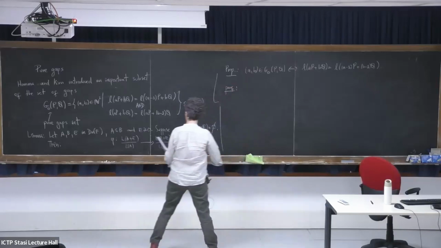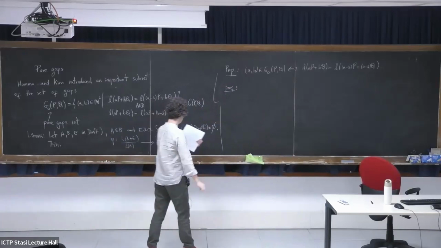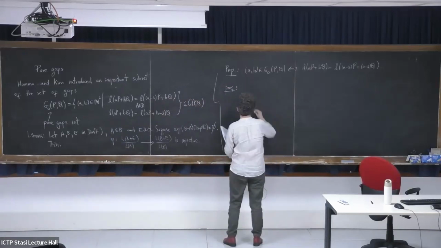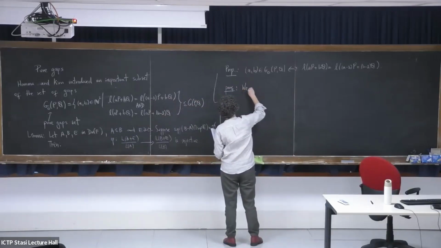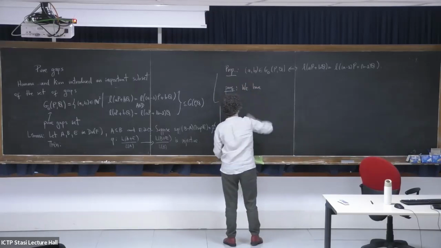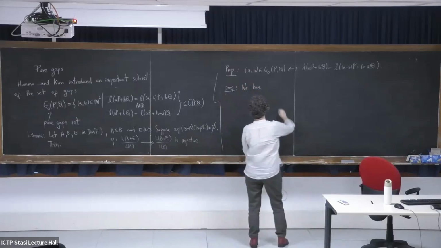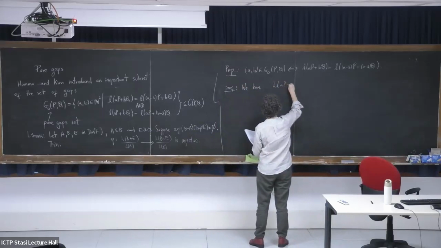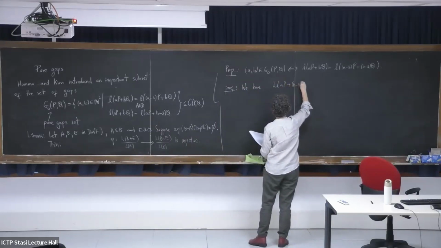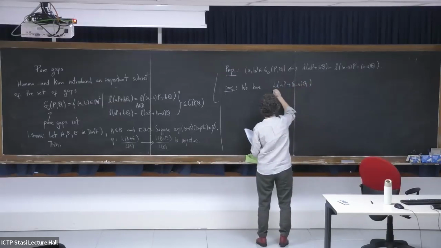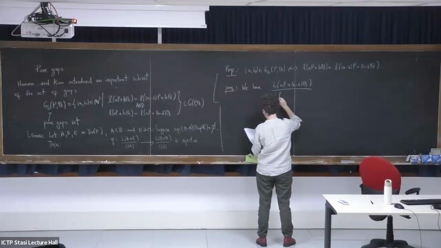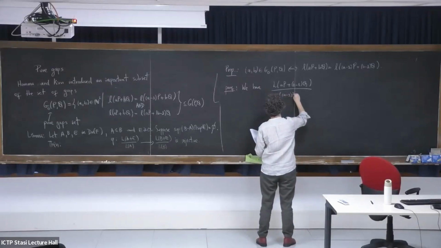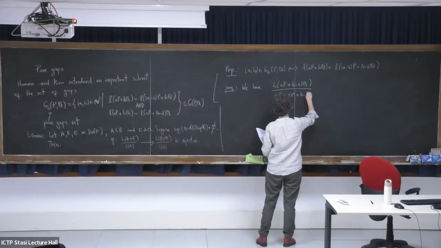Okay, so for now, I'll just do something like this lemma. So you consider this. I'll just write L of AP plus P minus 1Q. And I'll put down here A minus 1, P plus P minus 1Q.